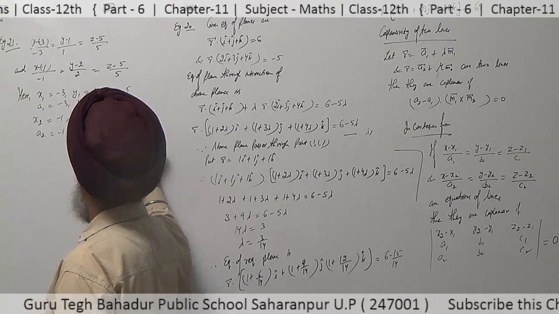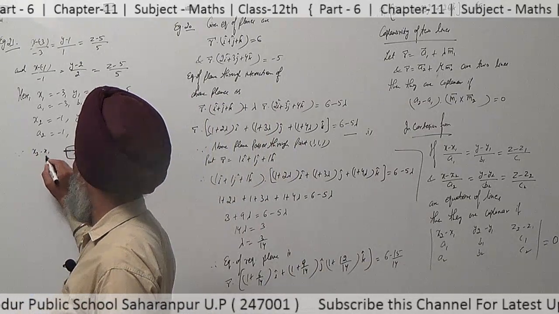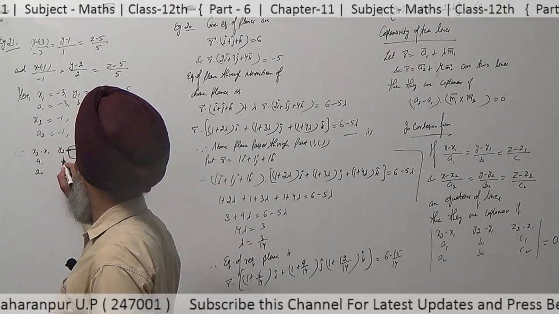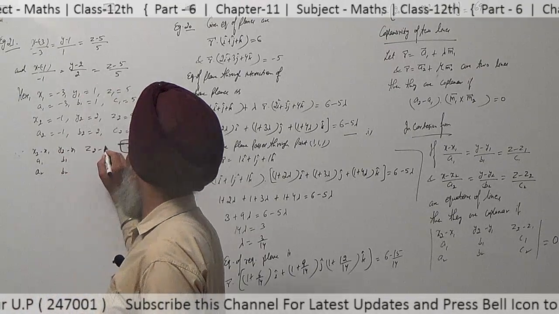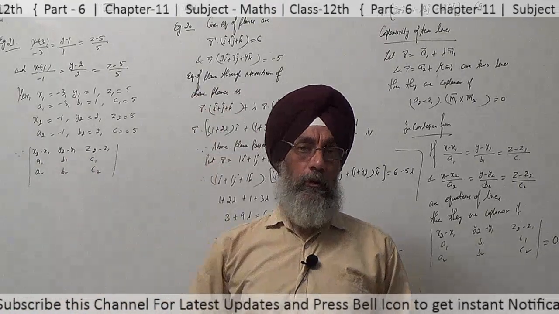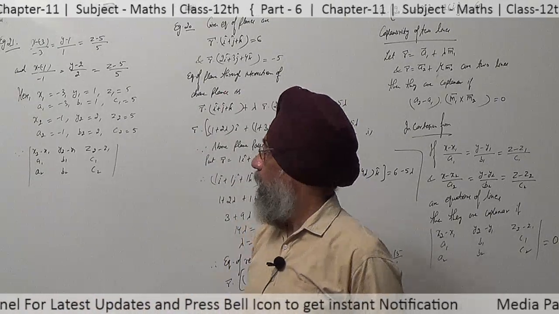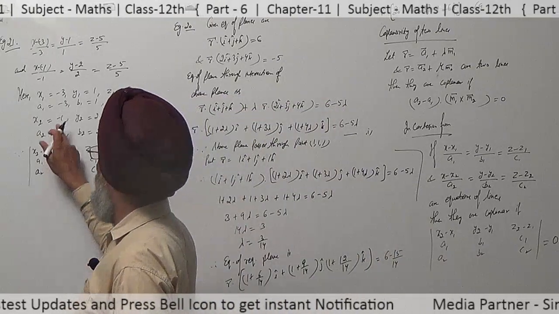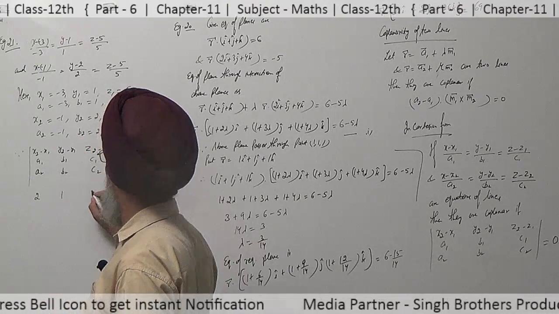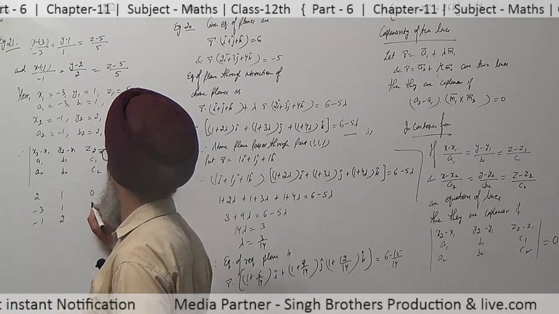Now we have to place x2 minus x1, y2 minus y1, z2 minus z1, a1, b1, c1, a2, b2, c2 in the determinant, because we have to show whether they are coplanar lines or not. So x2 minus x1, minus 1 plus 3 gives you 2, 2 minus 1 gives you 1, 5 minus 5 gives you 0, then minus 3, 1, 5 and minus 1, 2, 5.